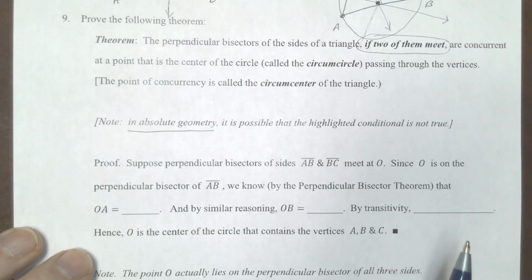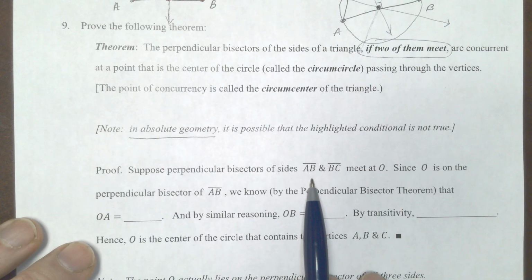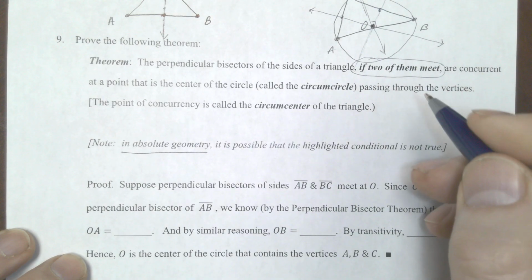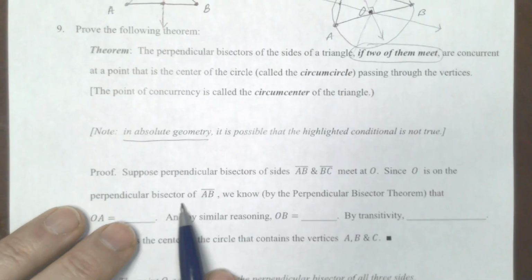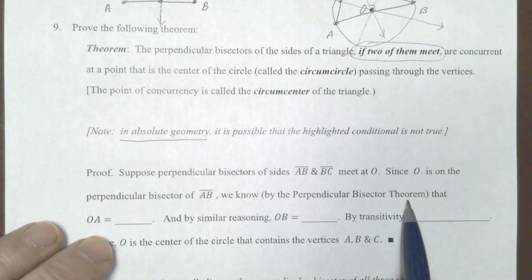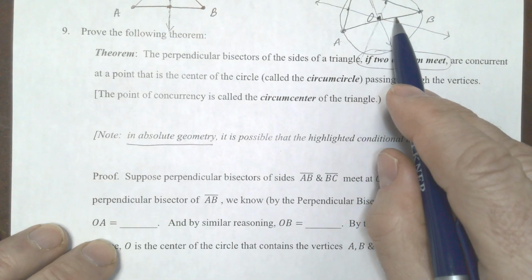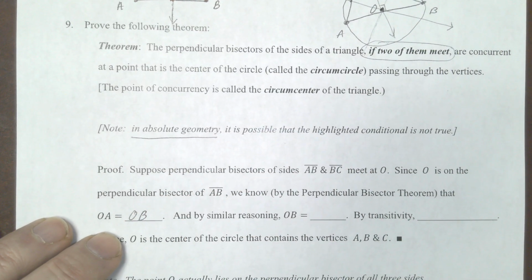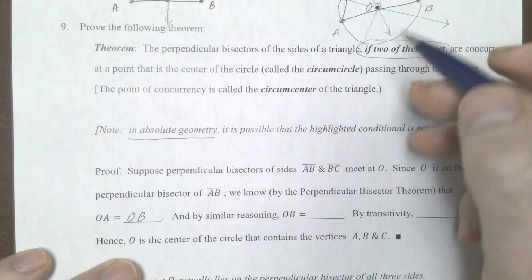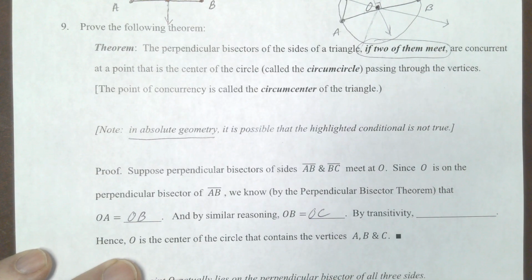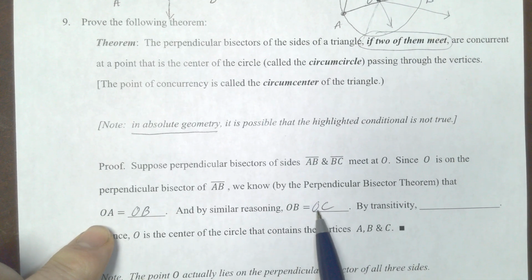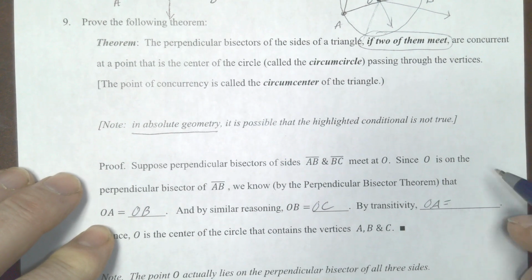So let's do the proof. Suppose perpendicular bisectors of AB and BC, that's the ones I drew up here, meet at point O. So this is going to be O. Since O is on the perpendicular bisector of AB, we know by the perpendicular bisector theorem that the distance from O to A is the same as the distance from O to B. By similar reasoning, the distance from O to B is the same as the distance from O to C. And by transitivity, if OA equals OB and OB equals OC, then OA is equal to OC.